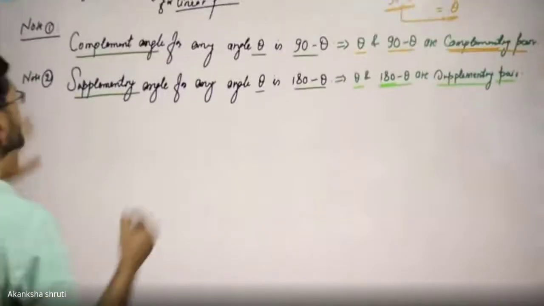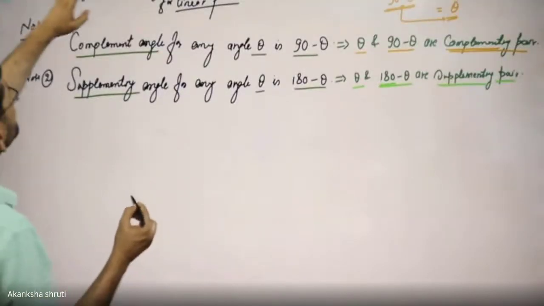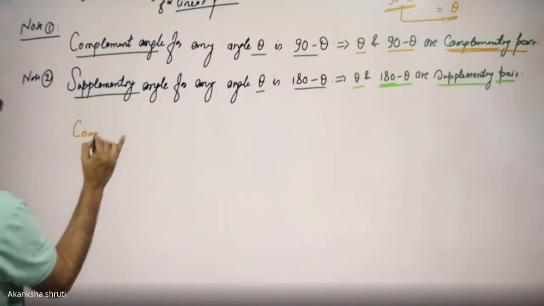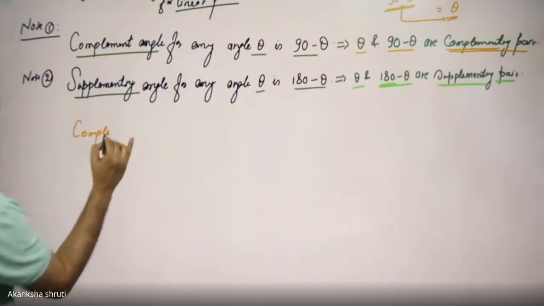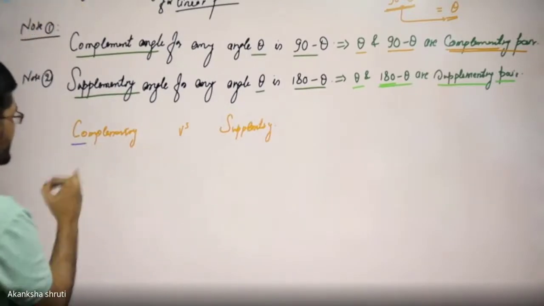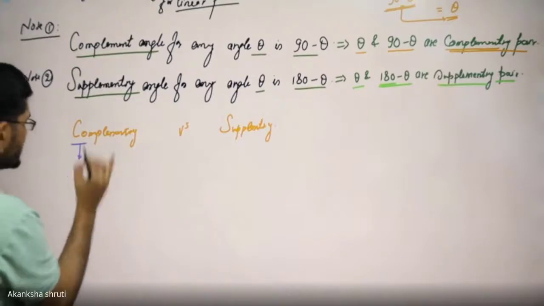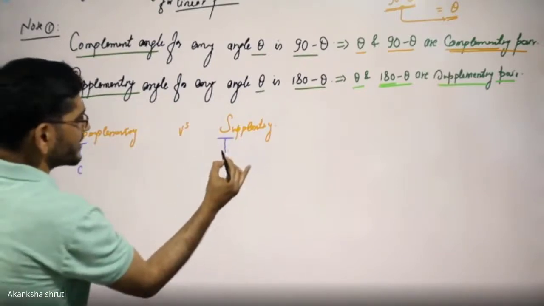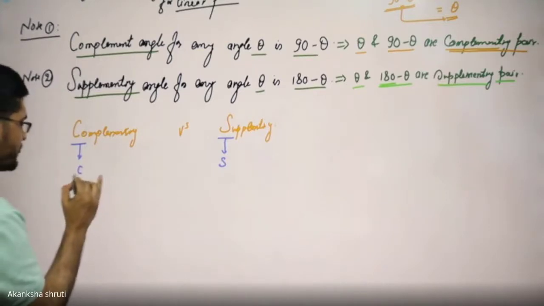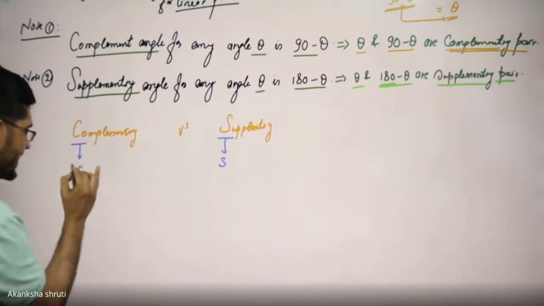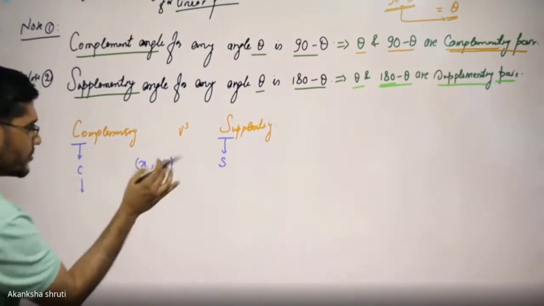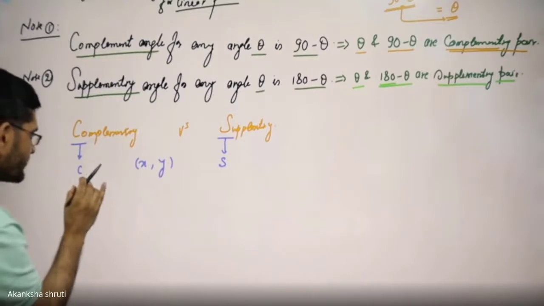Many times students get confused about how to remember complementary and supplementary. Students, keep in mind this comparison. Complementary starts with C, and supplementary starts with S. You know that C comes before S. So take the sum of two angles which gives the smaller value.